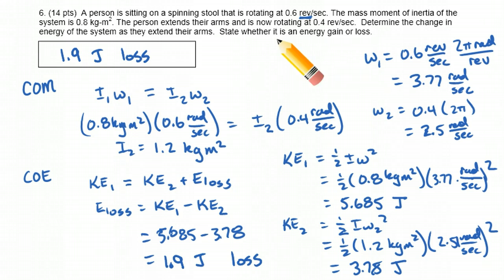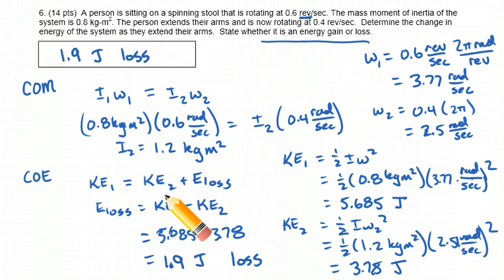Okay, reading the problem, it did ask me to state that. Okay, that was a fairly involved problem, not in calculations, but just in keeping everything straight. Using conservation of angular momentum to determine my final mass moment of inertia.